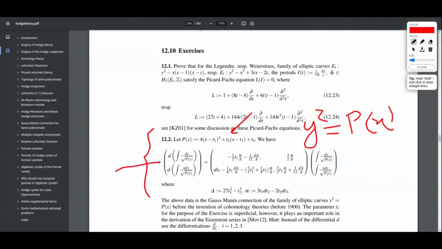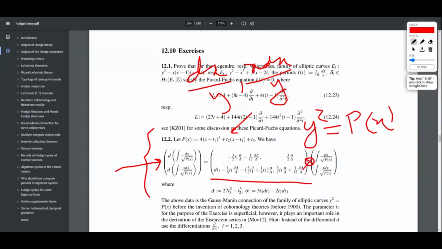So we take the differential of the integrals over some cycle with respect to these three parameters, and it turns out that dx/y and x dx/y are two sections of the cohomology bundle, such that at each point they form a basis. So we can write this differential here in the usual language that I explained.